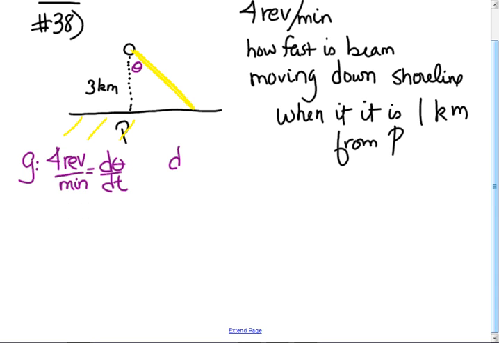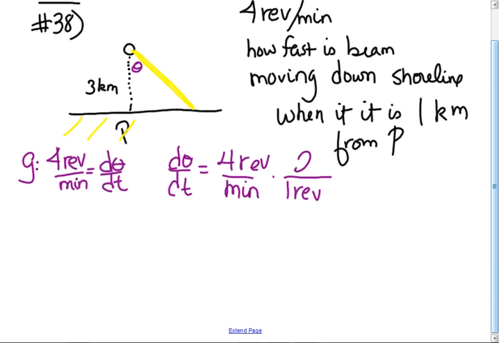So d theta dt is equal to 4 revolutions per minute, and we'll change to radians. 1 revolution is how many radians? Trevor, how many? 2 pi. So d theta dt is 8 pi radians per minute. You must be in radians.